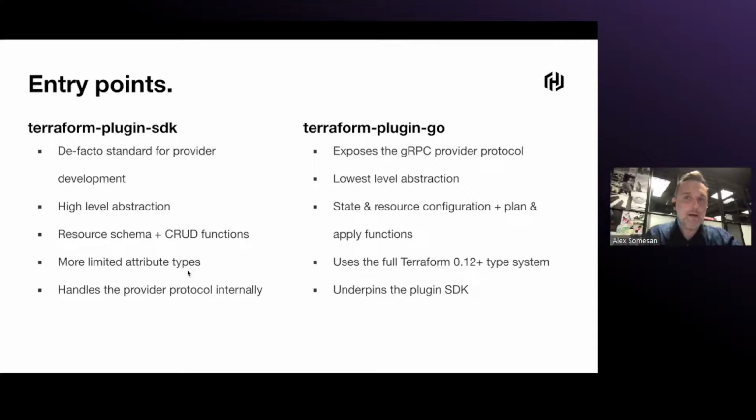It is very, let's say, cautious to make breaking changes. And so the limited set of attributes that I'm talking about is actually the set of attributes that predates Terraform 0.12. By comparison, Terraform 0.12 introduced a new type system, and a very interesting one at that. So we'll be talking and focusing on that moving forward.